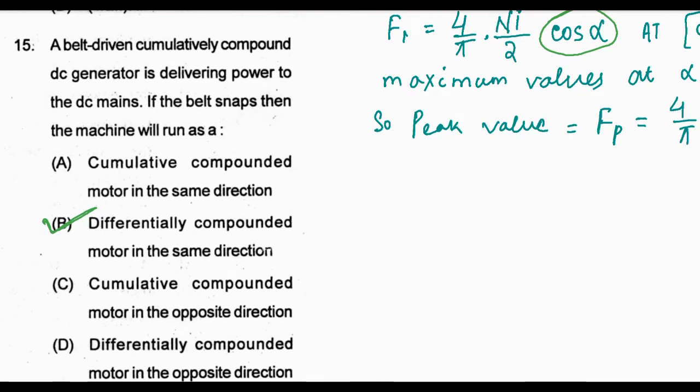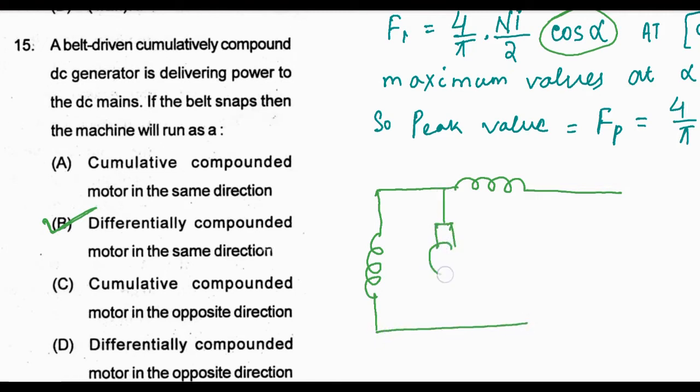Suppose this one is the machine having a series field, this one is the shunt field, and this one is the armature. This one is phi SE, that is the series field. This is phi SH, that is the shunt field. And as given, this is a cumulatively compound DC generator. That means phi SH is adding phi SE.